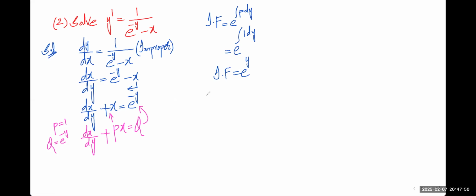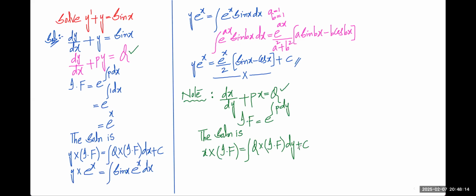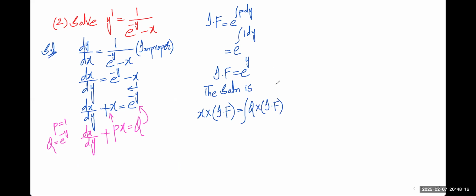Now finally we should write the solution. This is a 7 marks question we are discussing. The solution is x into the integrating factor, because we are doing the reverse form. Wherever x is there, y comes in, in place of x. Integral Q into the integrating factor; usually we get dx, but in reverse form we will get dy.